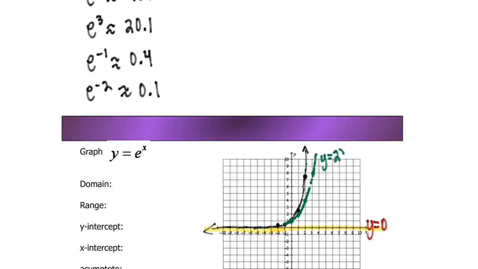So y equals 2 to the x is going to be on the outside. It's going to be to the right when x is greater than 0. But when x is less than 0, it's going to be just sitting above. So they cross right at that y-axis. So here's your y equals e to the x. The domain is still negative infinity to positive infinity.